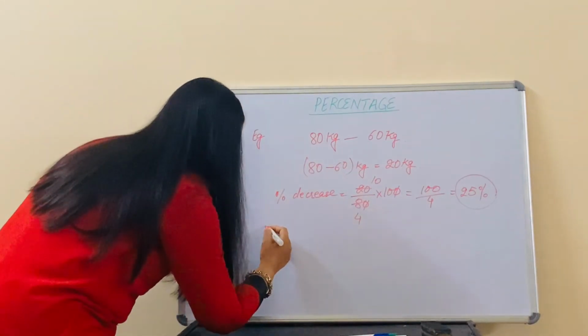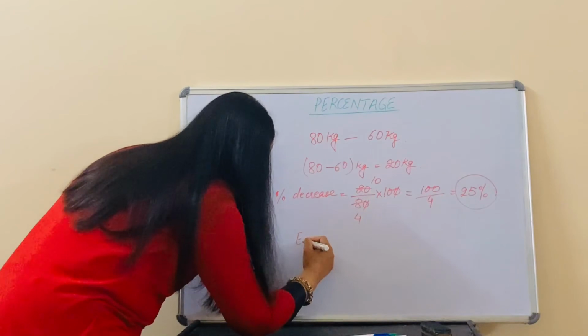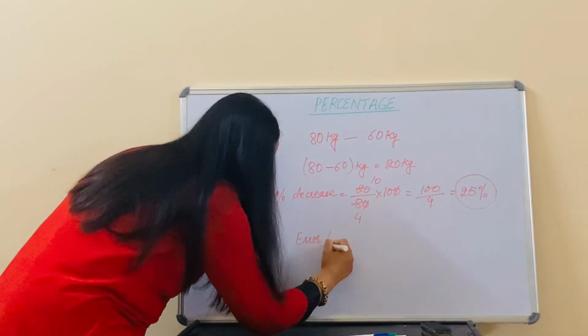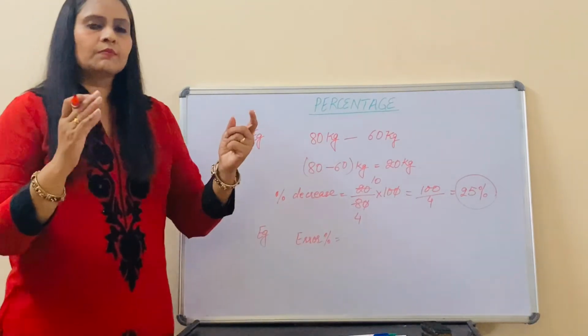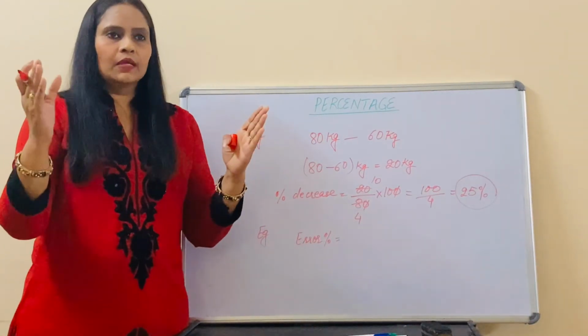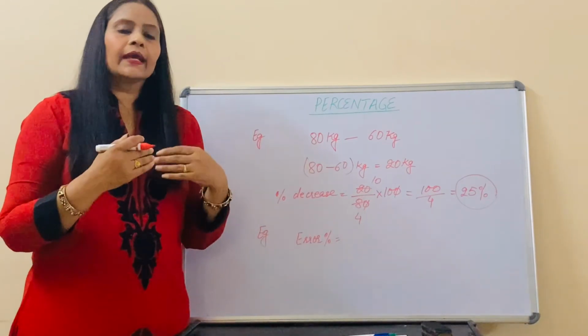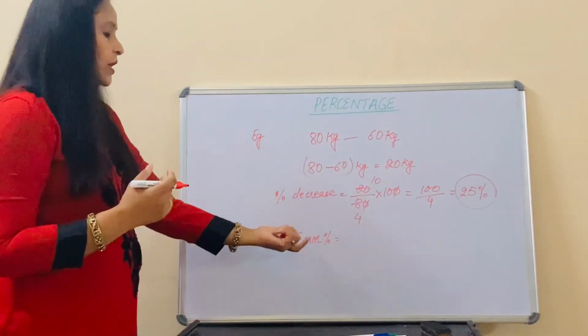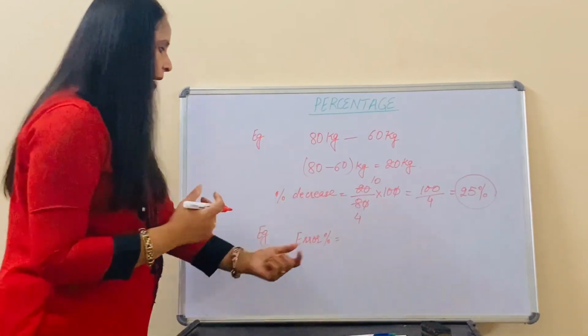Another example, we'll discuss the error percentage. How to calculate the error percentage? Suppose there is a distance between two places A and B and the distance is 200 kilometers. It is wrongly taken as 280 kilometers. There is an error. So what is the percentage of that error? We'll calculate.